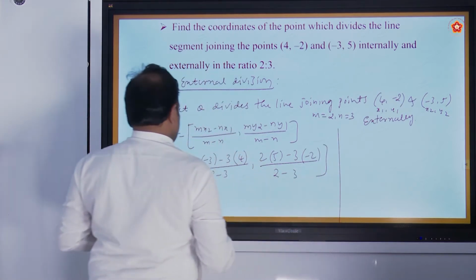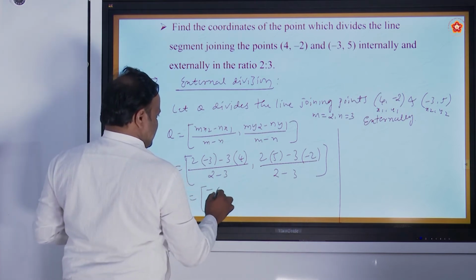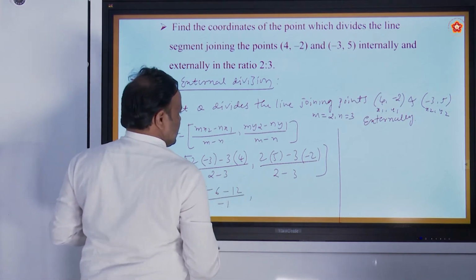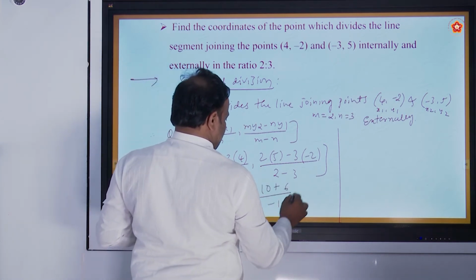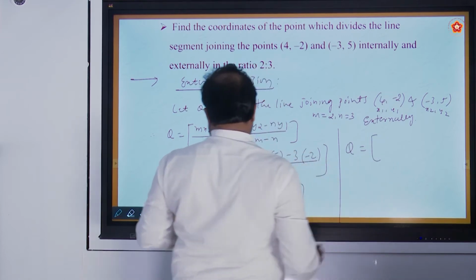Simplification. So Q is equal to ((2 times -3 is -6, minus 12)/(-1), (2 times 5 is 10, plus 3 times 2 is 6)/(-1)).